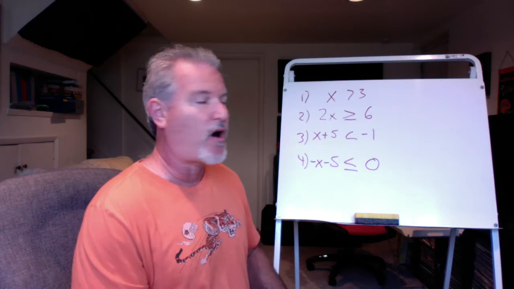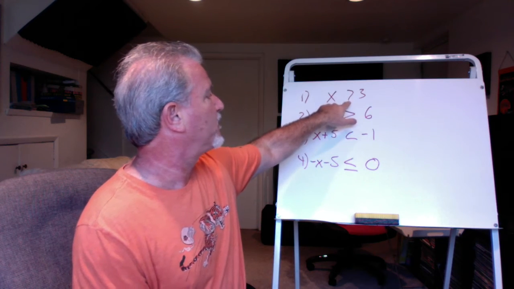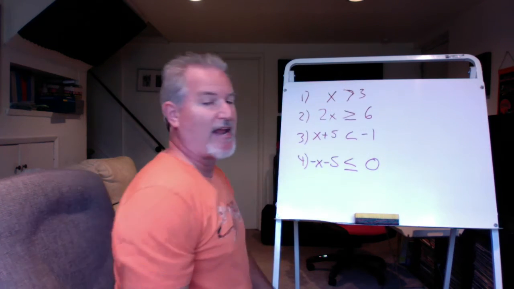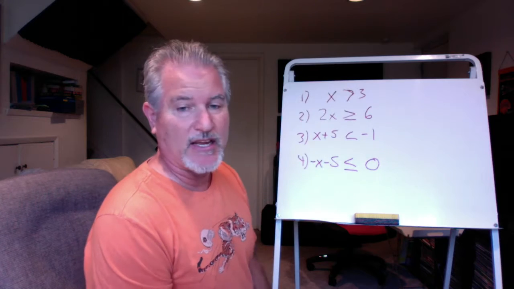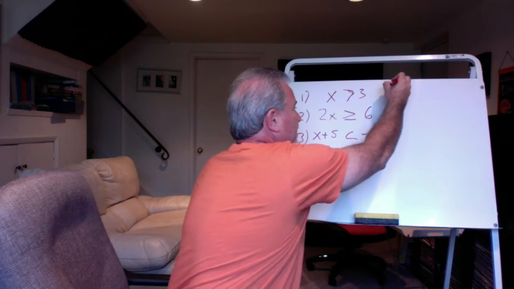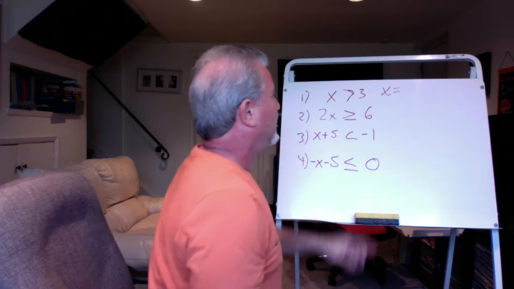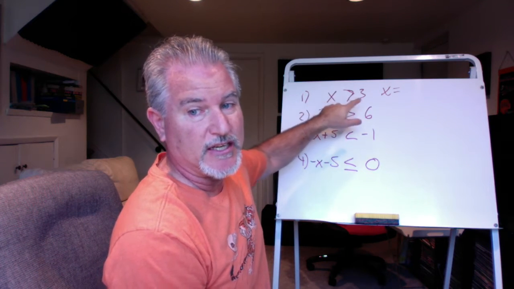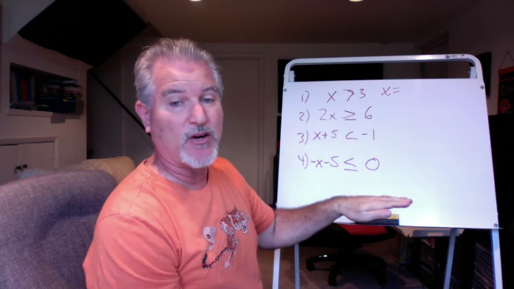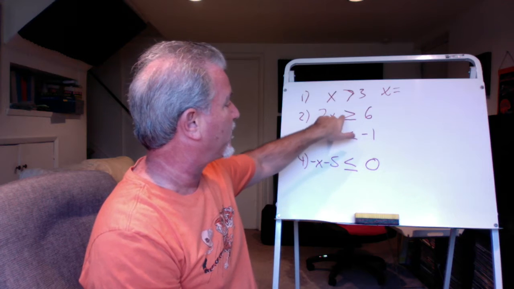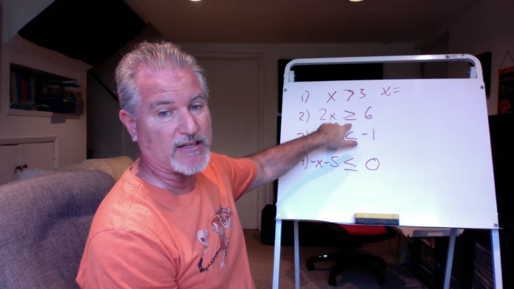It'll be all inequalities. So as you remember, this sign is greater than. Greater than means it has to be greater than that number. It cannot be equal to that number. So examples for X is, so if I decided to put 3 is greater than 3, that would not be correct because 3 is equal to 3, and only if we had this one could we put 3 in as the correct answer.